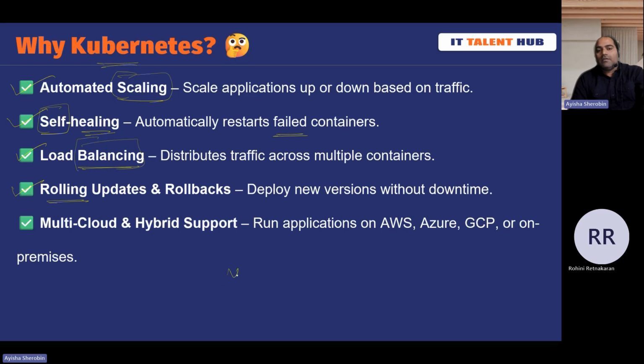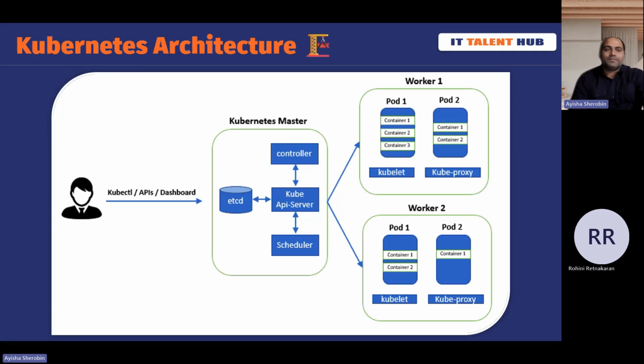Let's say we have deployed version 1, and later we have version 2 to deploy. If there is any issue with version 2, we must be able to quickly roll back to the previous version. This is also possible. And multi-cloud: Kubernetes can be used on-premise, on cloud, anywhere, even on hybrid. These are the important pointers to note on why we are using Kubernetes.